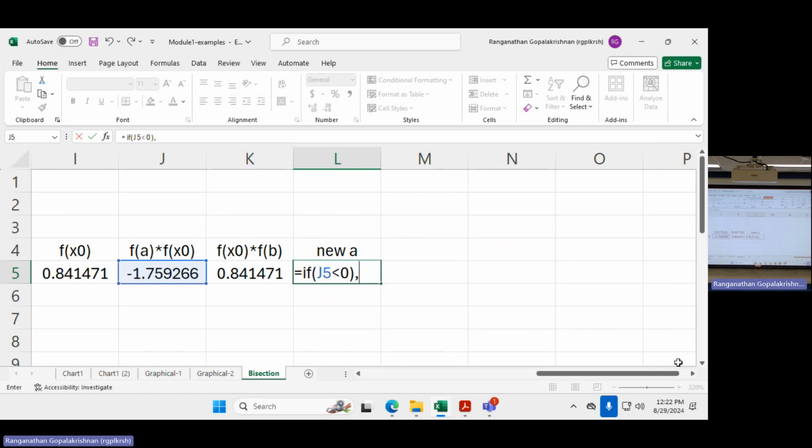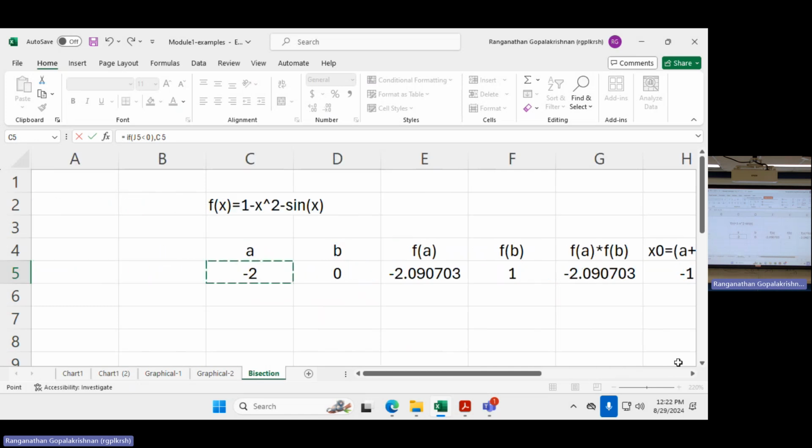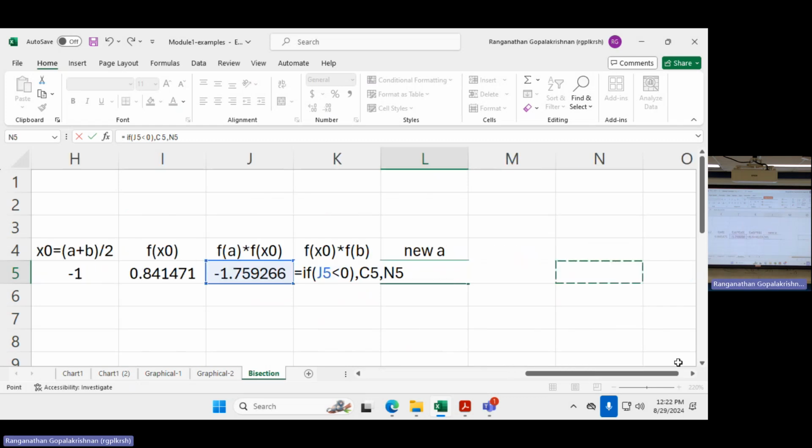A is simply the previous left, which you can just go to your left and say this is A. If J5 is less than 0, then that cell takes the value of C5. If not, it takes the value of the new x naught.